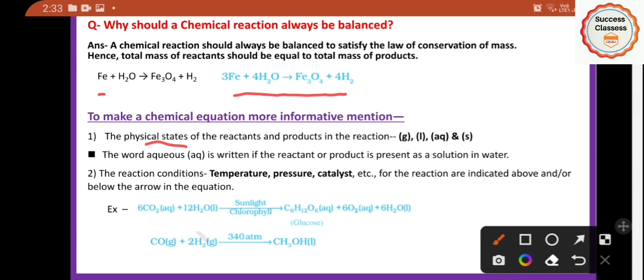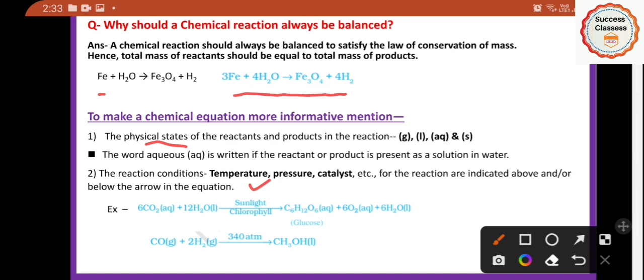The second condition is the reaction condition, that is temperature, pressure, catalyst, etc. And these reaction conditions are always written above or below the arrow because they do not directly take part in the reaction.